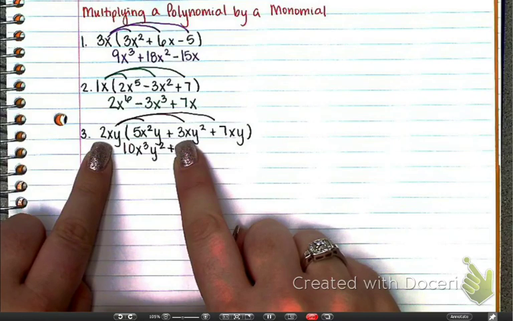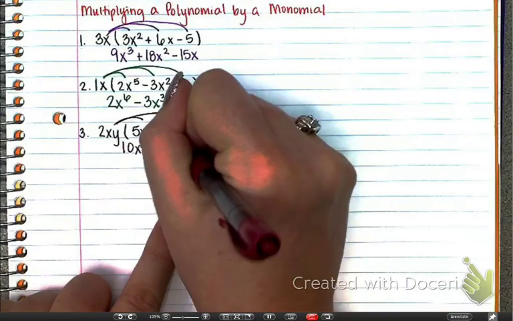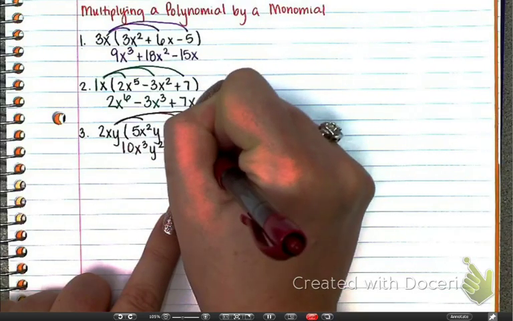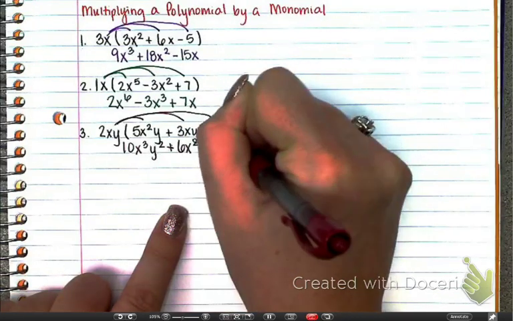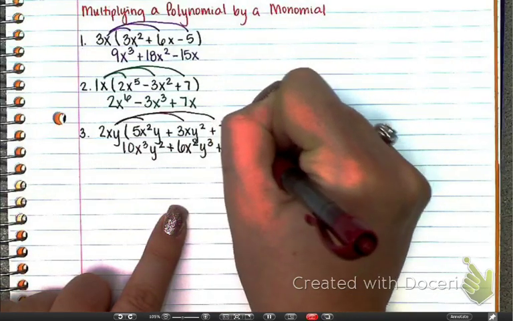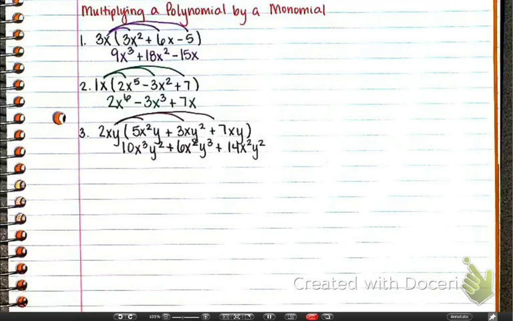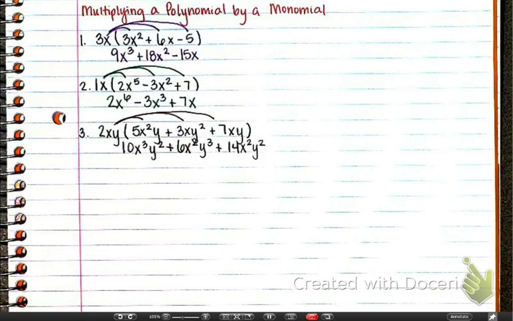It's okay. So what would it be? 6x to the 2nd, sorry. So 6x to the 2nd, y to the 3rd. Perfect. Plus 14x to the 2nd and y to the 2nd. Perfect. So 10x to the 3rd, y squared, plus 6x squared, y to the 3rd, plus 14x squared, y squared.